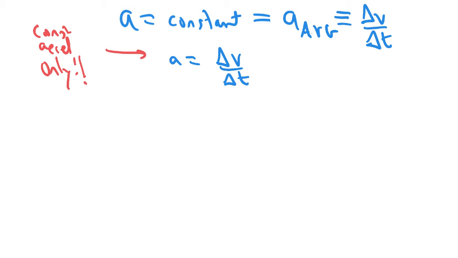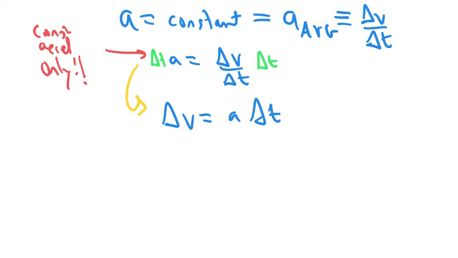So then we can invert that, and multiply by delta T on both sides, giving us a different equation, which is that delta V is A delta T. Delta V, of course, is V minus the initial velocity, because that's what delta V means.